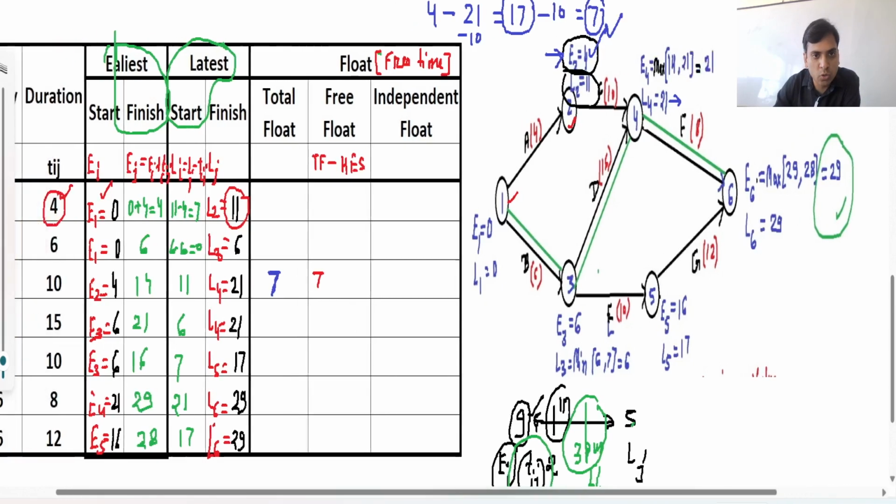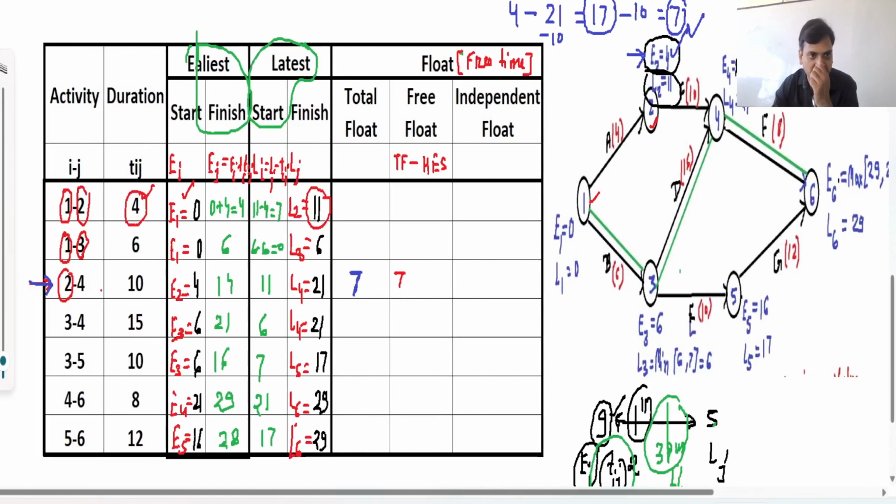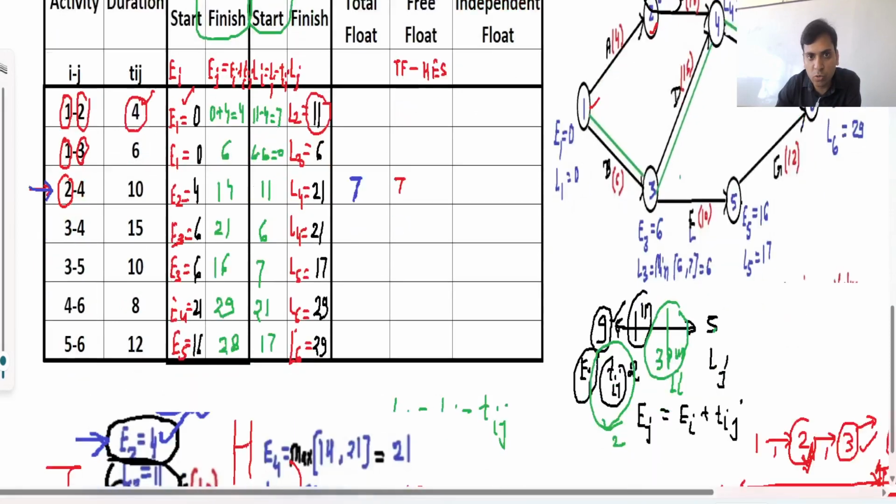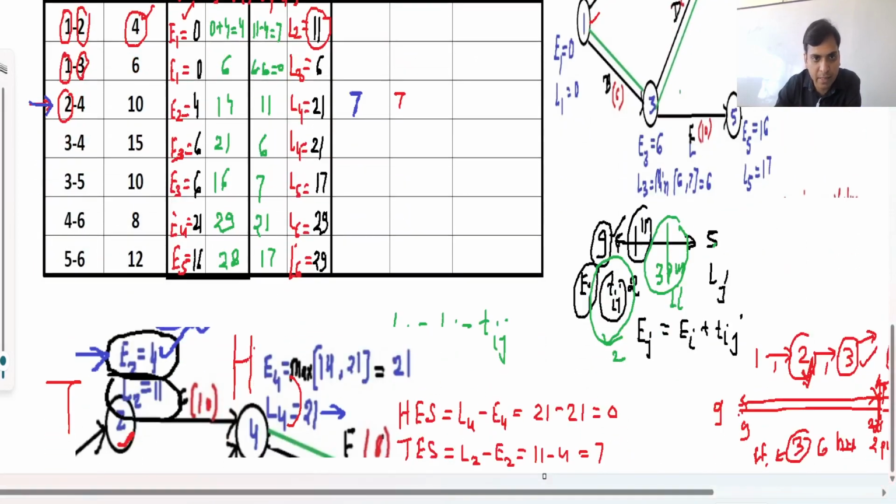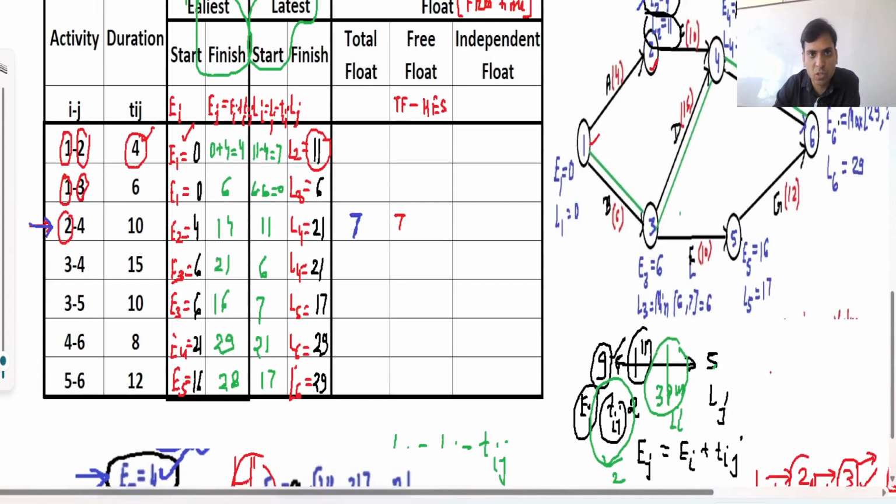And for this 2-4 activity, this is the tail event, this is the head event. So in the 2-4 activity, this 4 is the head, and head event slack is 0. So from this total float 7, we will minus this head event slack, that is 0. So this equals 7.